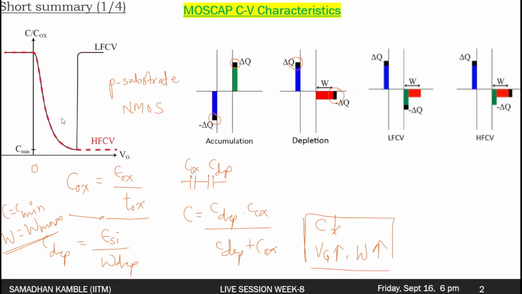But when we go to the inversion region, we know that the inversion is because of the formation of electron-hole pairs, EH pair formation, and it requires a finite amount of time.